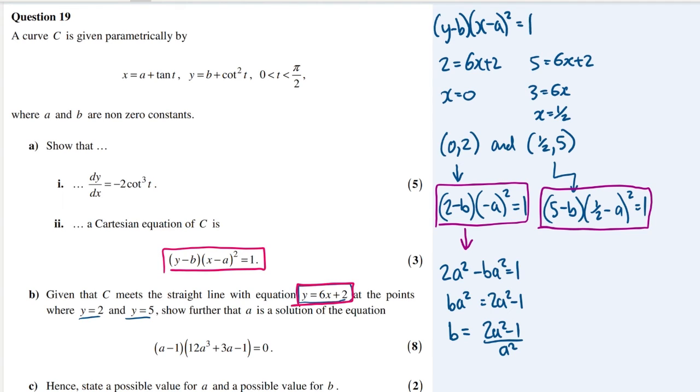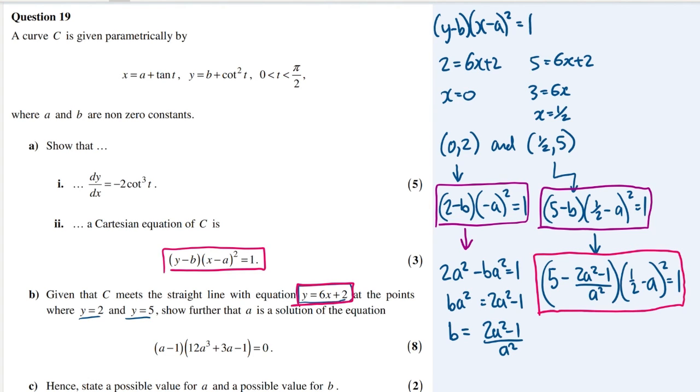Okay, then that can go into this one. So I'd get 5 minus (2a squared minus 1 over a squared) times by (a half minus a) squared equals 1. Okay, and then this is just in terms of a, which is great because I want an equation just in terms of a. Okay, let me grab some more space, then we'll solve this.